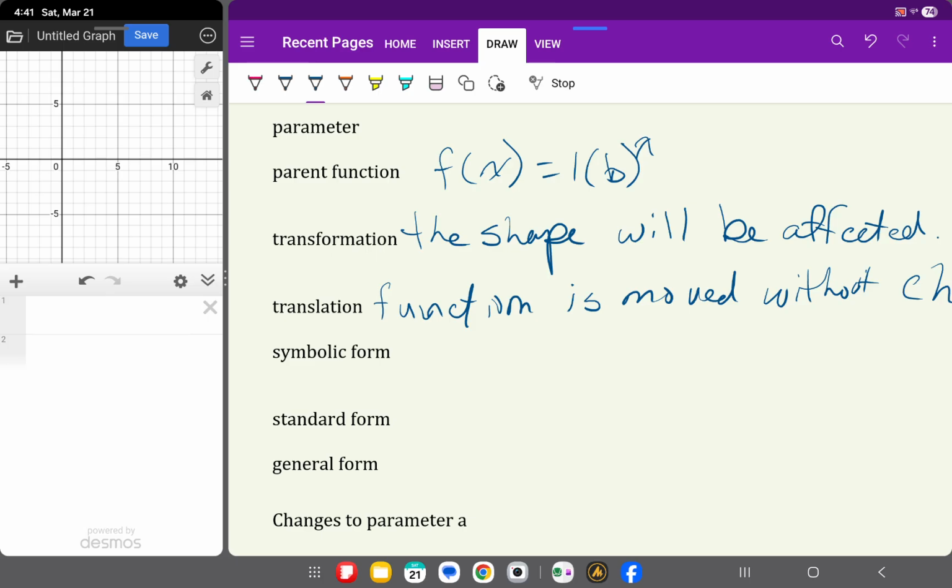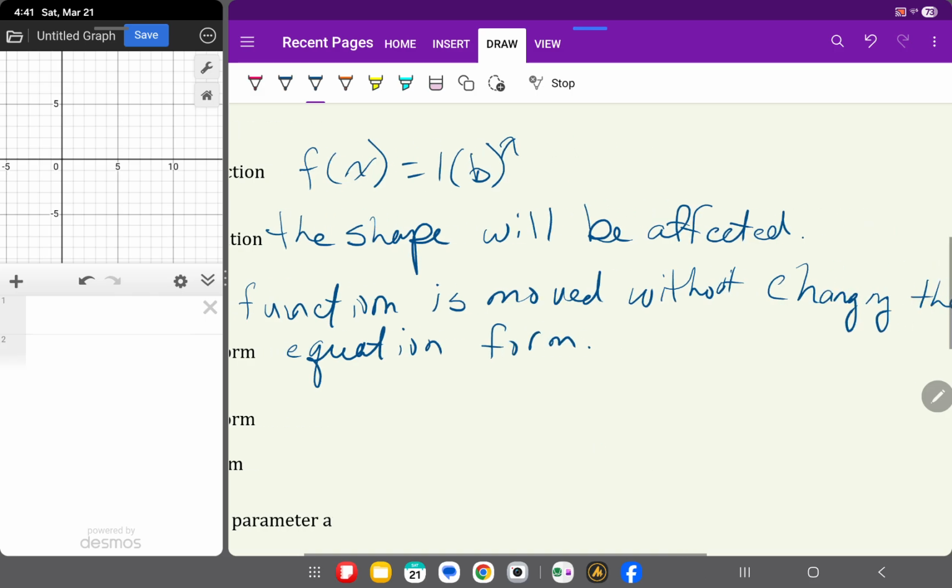All right, symbolic form just means that it is in equation form. So our parent function in symbolic form is when we have our output, f of x, equivalent to our initial value times b raised to the x power.